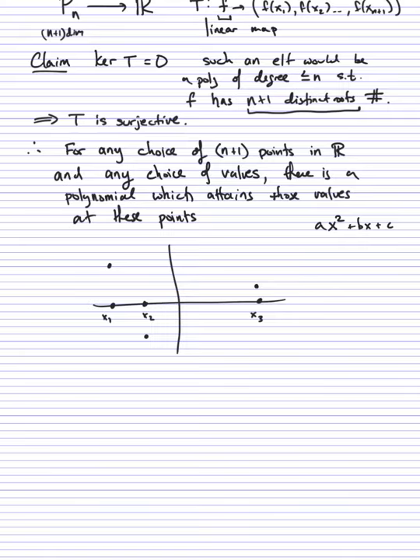This fundamental theorem is saying that there's some quadratic which passes through those points. It might be a line as well. If you chose 0 for all the values, then I would just produce the 0 polynomial. If you chose 3 points in a straight line, then this theorem would guarantee the existence of a line through them. In general, you get a quadratic.